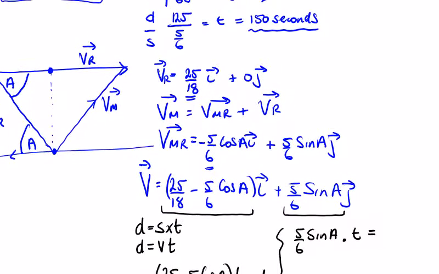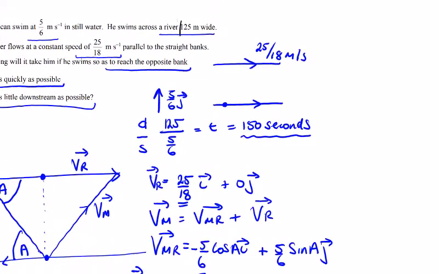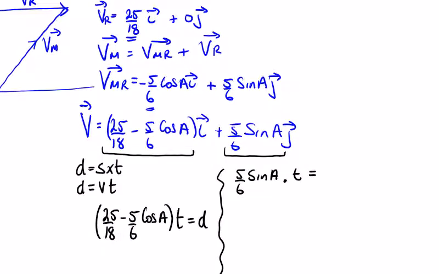It's 125 from the beginning of the question here. So that's equal to 125. So 6 times 125 is 750, divided by 5 is 150. So we're going to get time is equal to 150 over sine A.